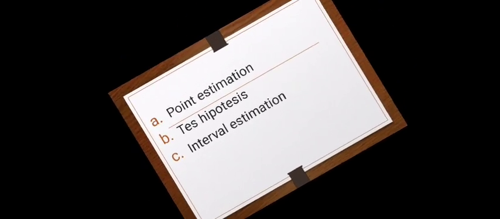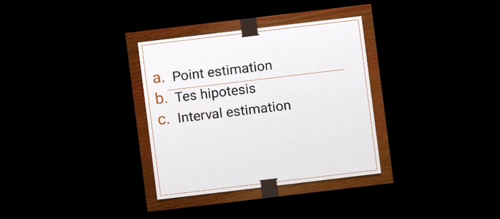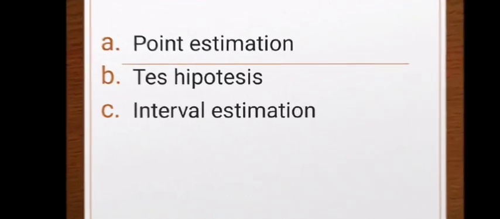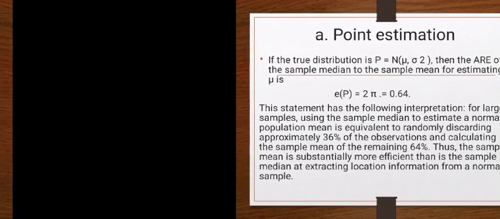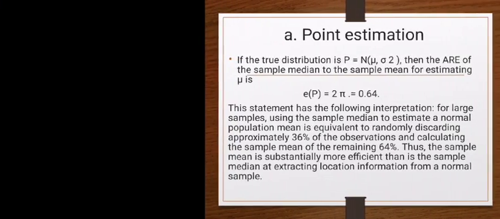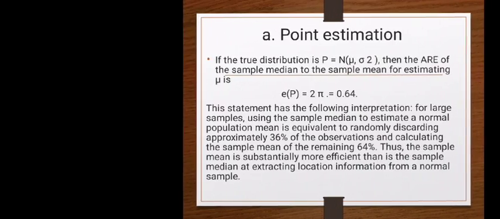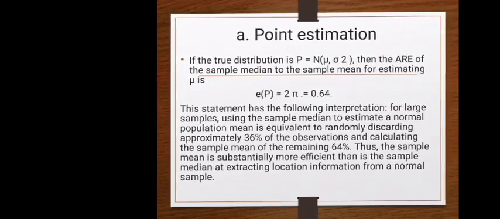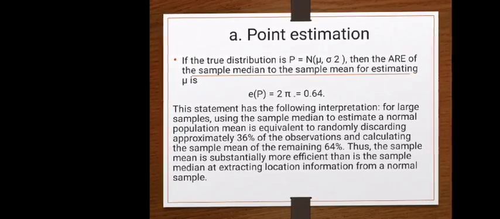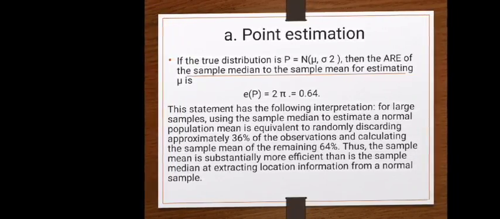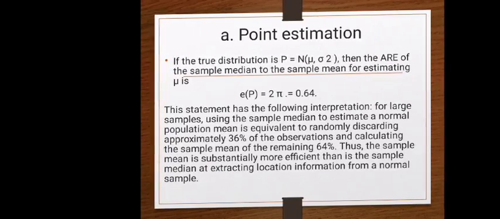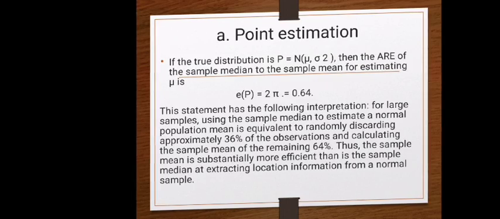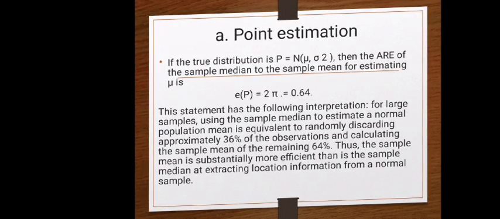There are three kinds of the normal sample location problem: A. Point estimation, B. Test hypothesis, and C. Interval estimation. If the true distribution is P equals Normal(mu, sigma squared), then the asymptotic relative efficiency of the sample median to the sample mean for estimating mu is e(P) equals 2 over pi, which is approximately 0.64.